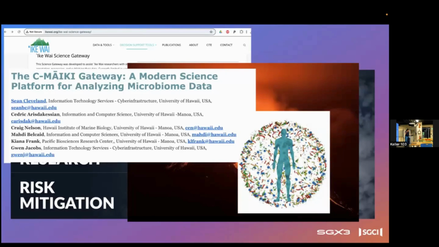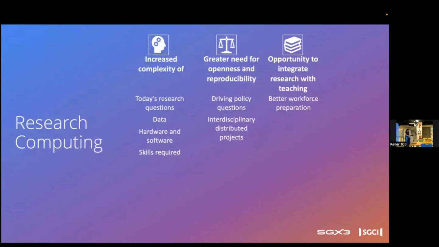And here's another gateway, also developed by Sean Cleveland and the team, about microbiome data. So you can see the topics are very different. Science gateways are there to really make the life of researchers easier who want to use complex infrastructures.